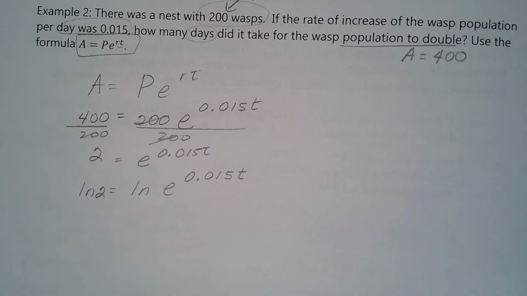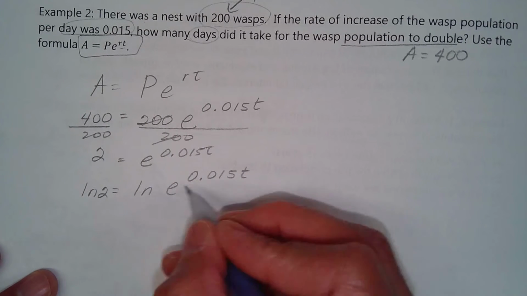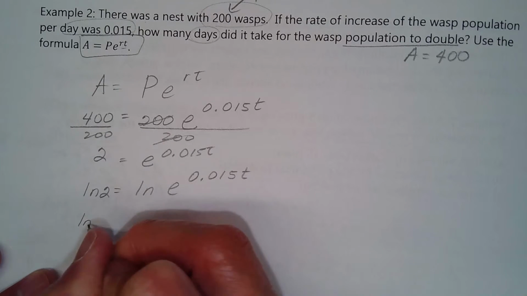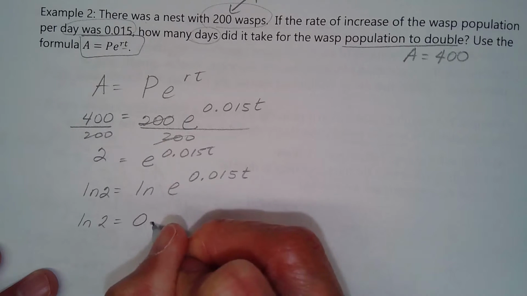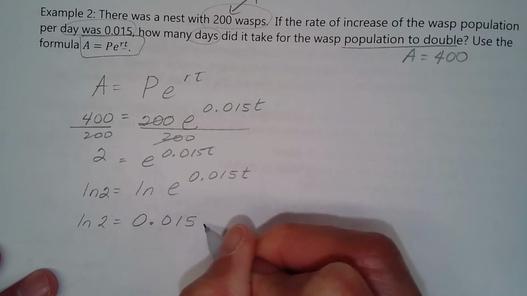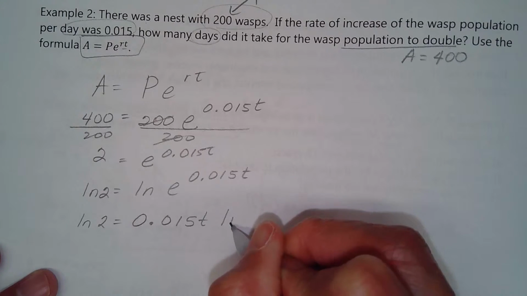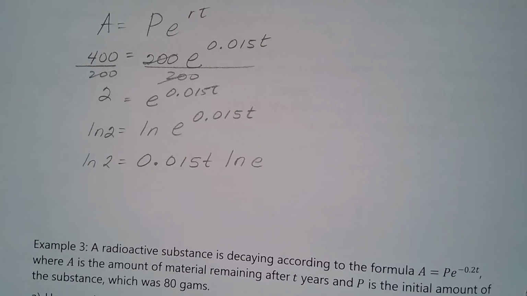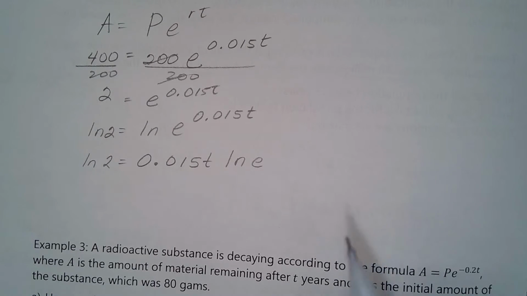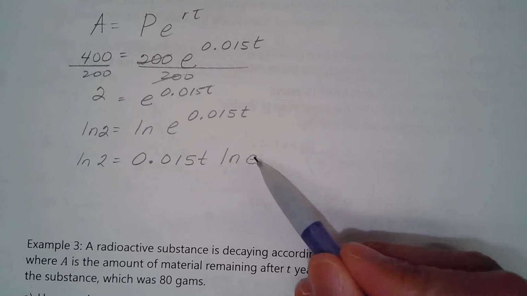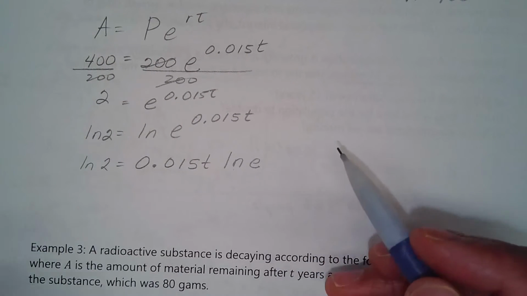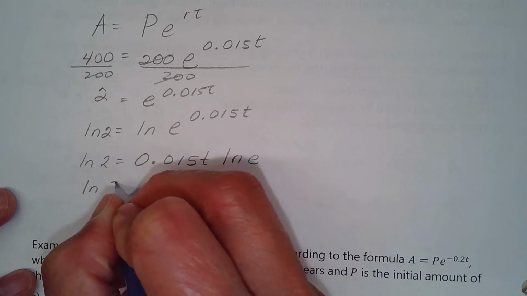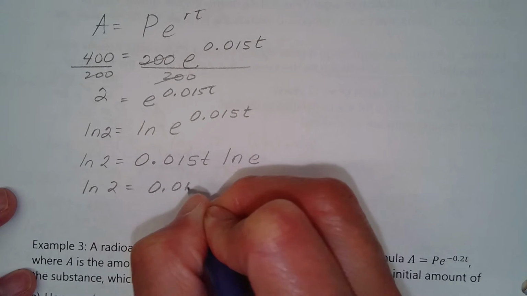That's okay. You can show it to me when you see something like that, so I know exactly what you're talking about. And keep it to 3 decimal places. Yeah, we'll just keep 3 decimal places. Is that okay? And then now that becomes natural log of e is just 1. So natural log of 2 is equal to 0.